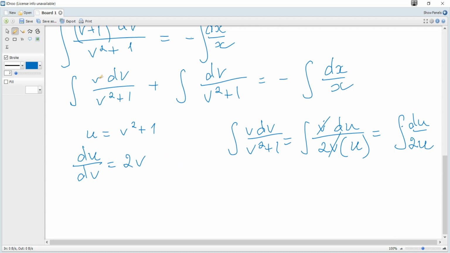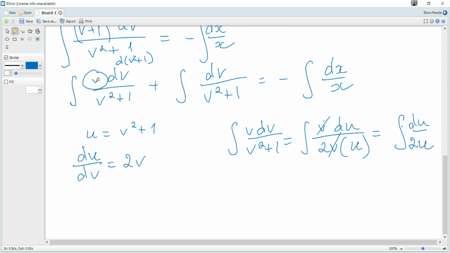Or if you notice that the derivative of v squared is just 2v, we can move this under the differential. It's d of v squared plus 1, and when we differentiate it, the derivative becomes 2v, and the derivative of 1 is 0.